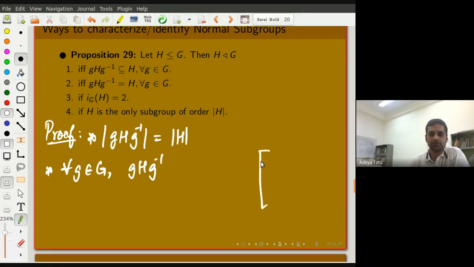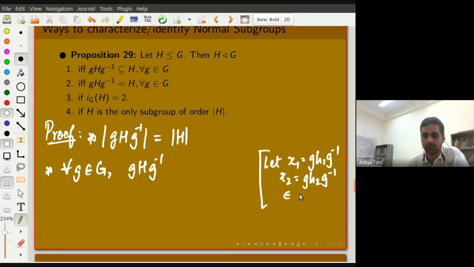So in other words, let x1 be g h1 g inverse, and x2 be g h2 g inverse, two elements in gHg inverse. What can we say about x1 x2?